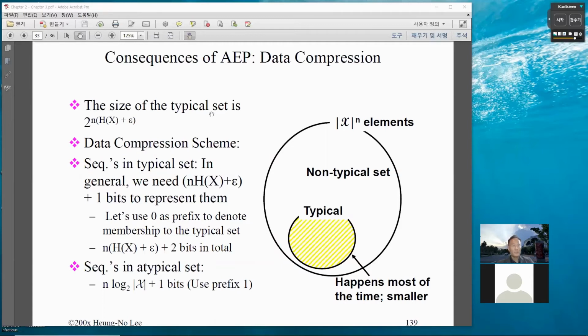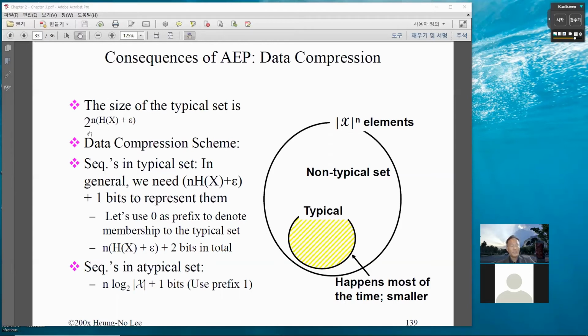The size of the typical set is 2 to the power of nH, plus or minus epsilon. Then, in order to describe this many elements in the typical set, you only need nH bits, right?